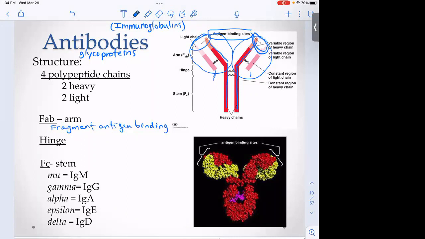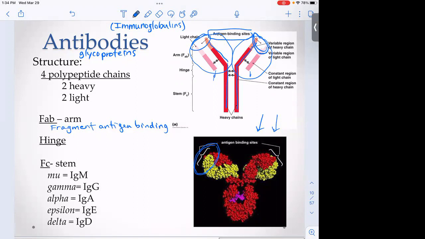That becomes more obvious when you look at what I think they call a space filling diagram, where every atom is drawn in. You start to appreciate that this is a really particular 3D shape, and that's only going to fit another particular 3D shape. So antibodies are extremely specific. They're only going to fit a certain kind of antigen.